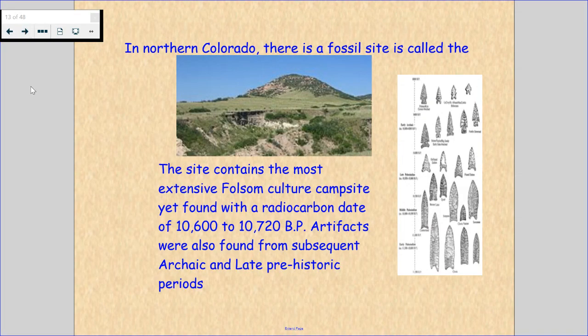So in northern Colorado, right here, just to the northeast of LaPorte, we have something called the Lindenmeyer site. And this is a fossil site that contains the most extensive Folsom culture yet found. So that means that it has the most evidence of a camp where the Folsom people lived.